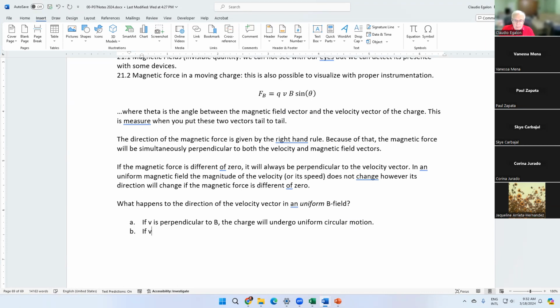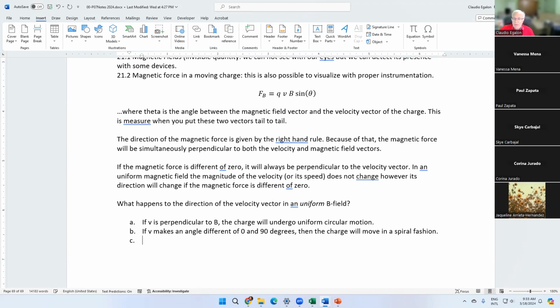Now, if V is not perpendicular to B, if V makes an angle different from 0 and 90 degrees, then the charge will move in a spiral fashion.